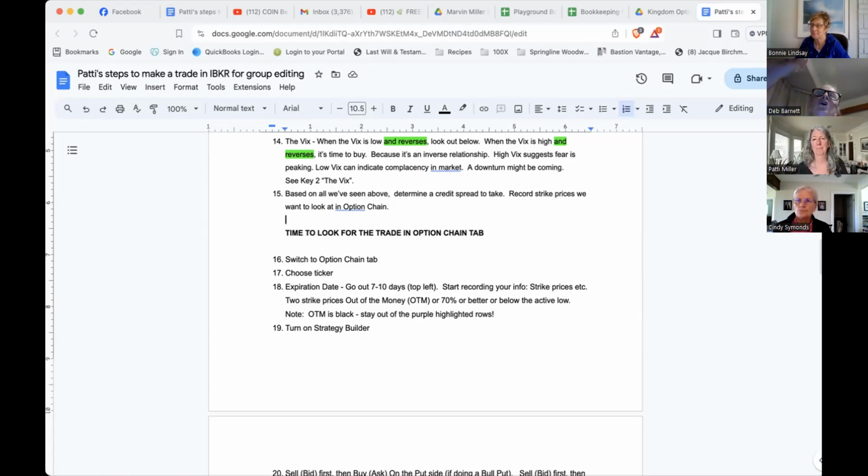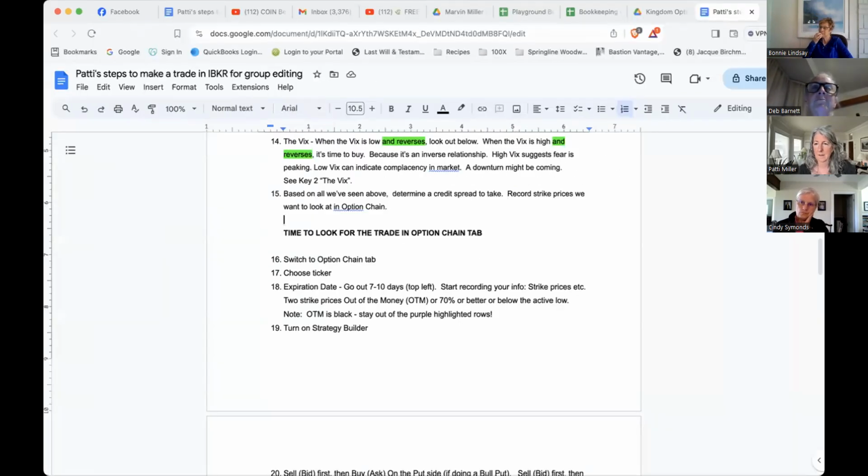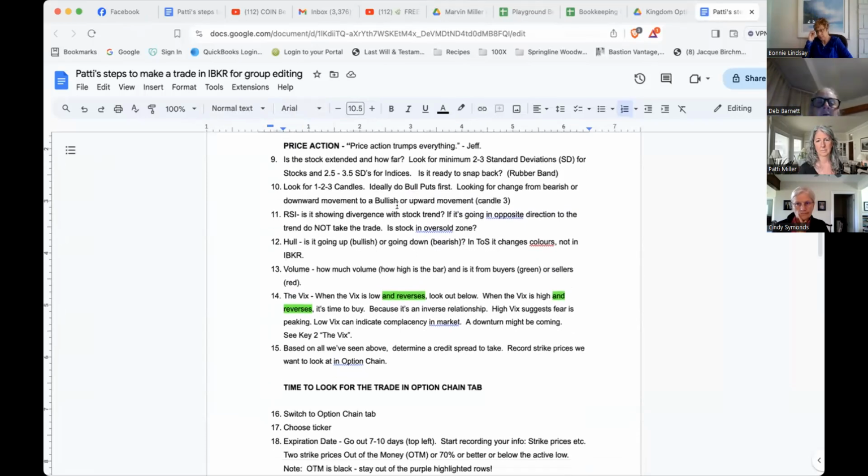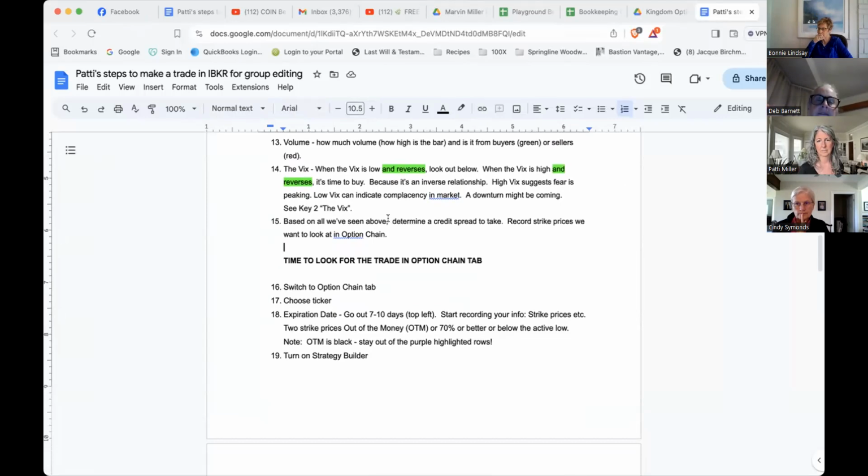So while we're still on the chart, we want to look at what strike prices. What we haven't addressed at all is levels of support and levels of resistance based on what we've seen above, so the candles and the moving averages. What are layers of support and or resistance?